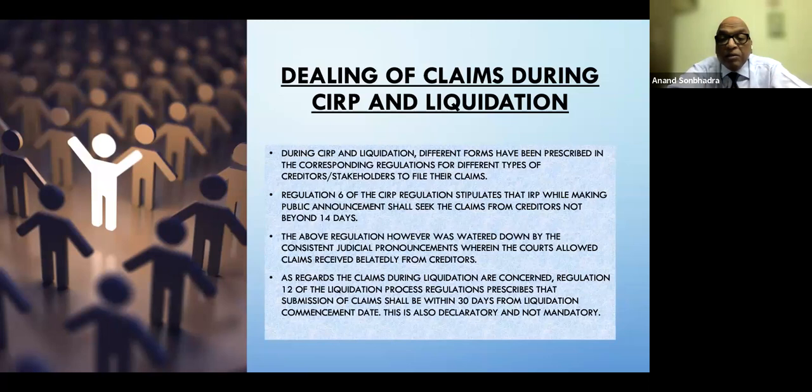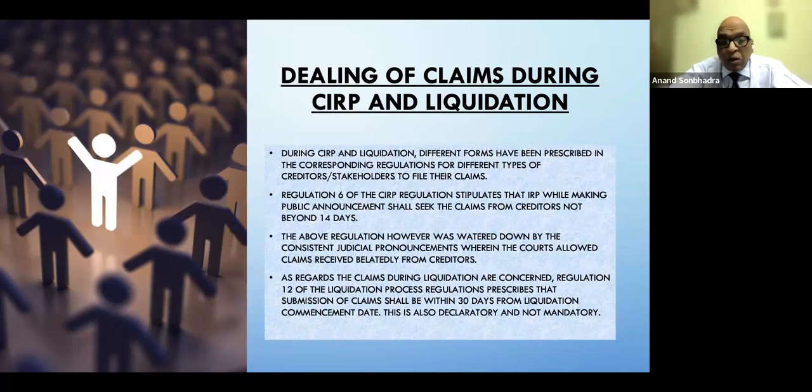Even in the case of liquidation, Regulation 12 of the liquidation process regulations says very clearly that claims shall be within 30 days from liquidation commencement date. Again, various pronouncements have very clearly held it is declaratory in nature, not mandatory, it's directory.